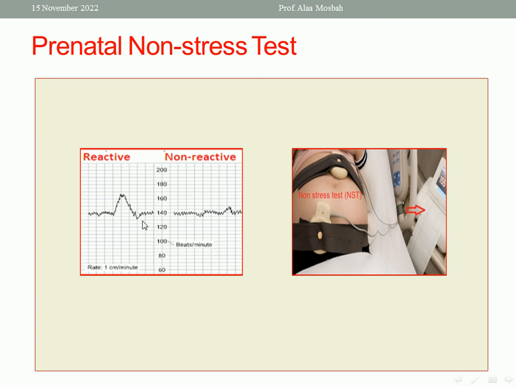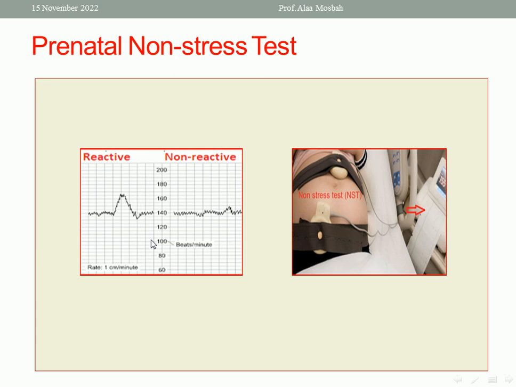No, I also check for variability, beat to beat variability, and the basal fetal heart rate, as in this picture it is 140. Also if there is any deceleration, a decrease of fetal heart rate more than 15 beats per minute, lasting also more than 15 seconds.